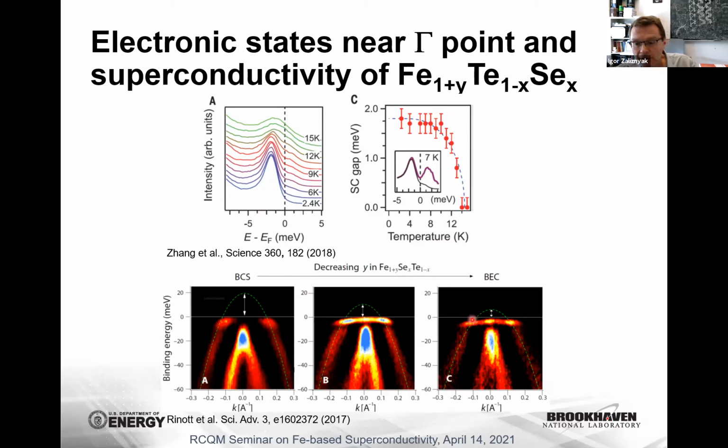This is this bright flat feature here. So this is a measurement on the same series of materials also by Kanigel's group. And I'm showing this measurement here because we will use this feature to quantify the presence of superconductivity in our sample, in our work.